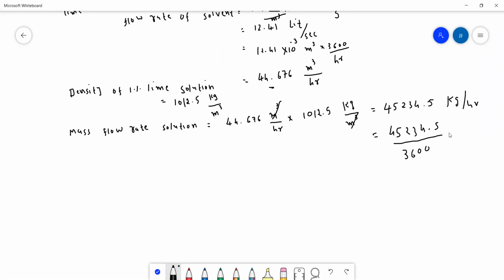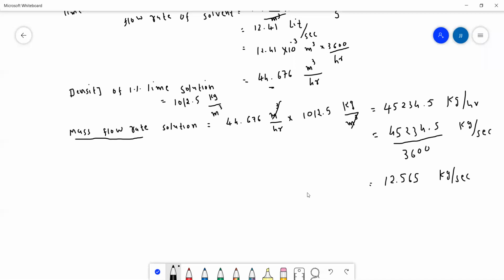So we'll get this is equal to 12.565 kg per second. Right. So this is the mass flow rate.